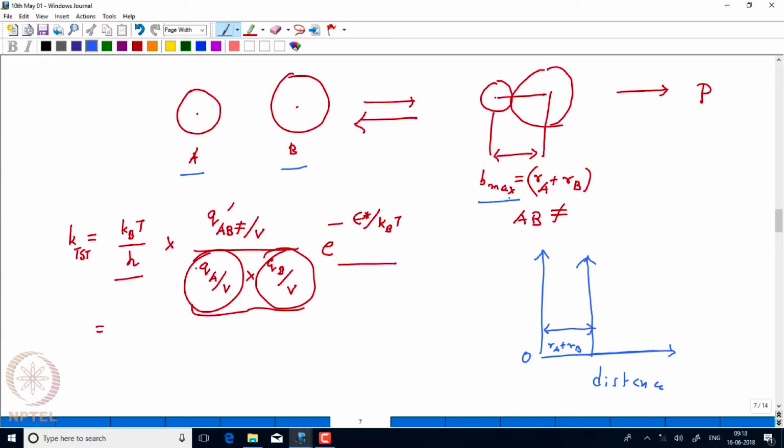So b, in scattering theory, is defined as a quantity called the impact parameter. Suppose I have one atom or molecule which is a sphere, and the other one is approaching at an angle something like this, and you will see that the center to center distance actually varies, in the sense that we could have many different possibilities.